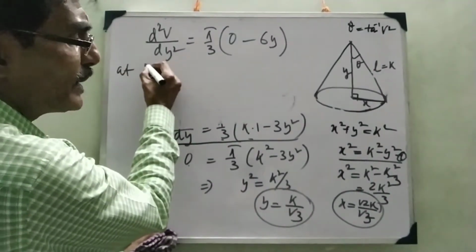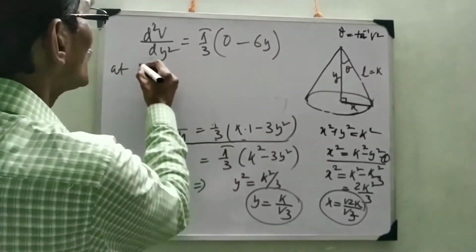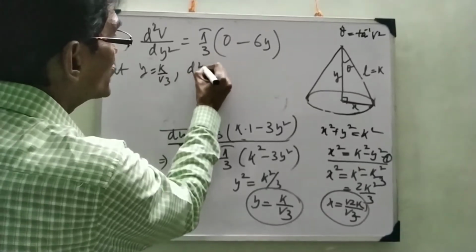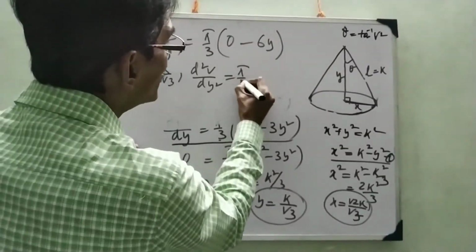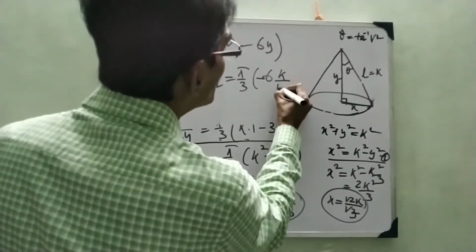So at y equal to k by root 3, d2V/dy2 is pi by 3 into minus 6 into k by root 3.